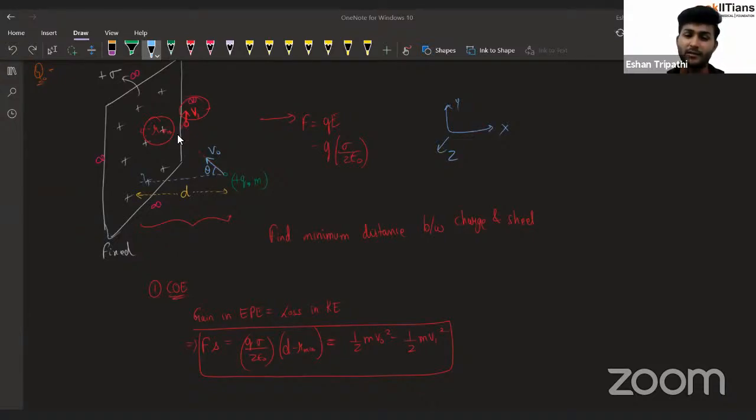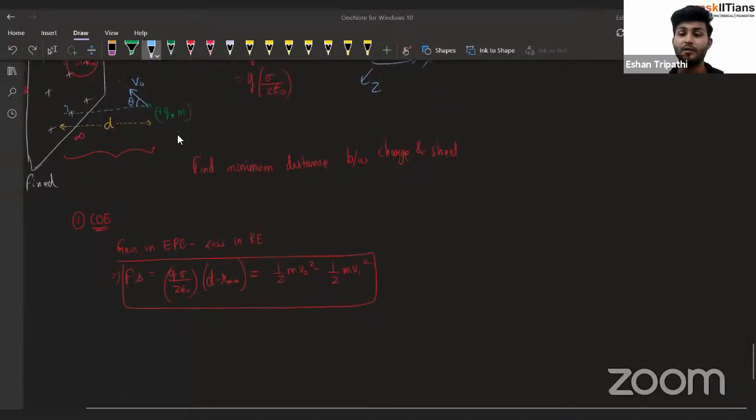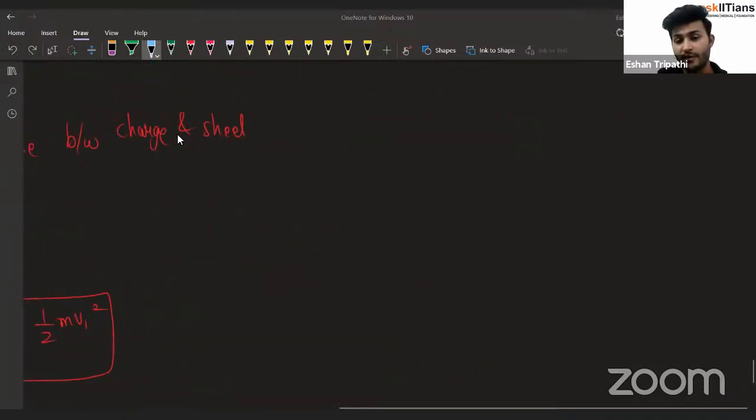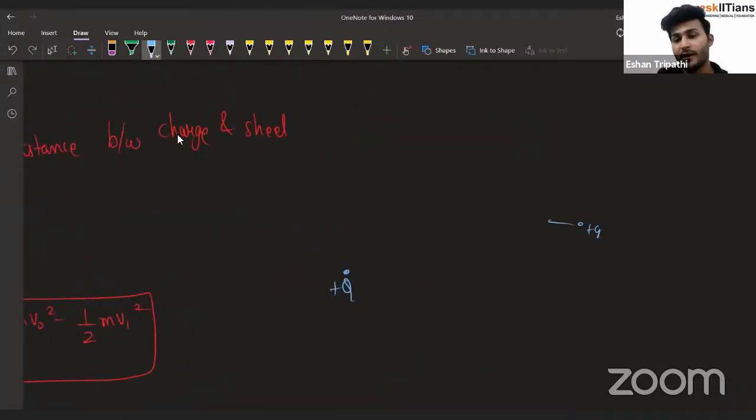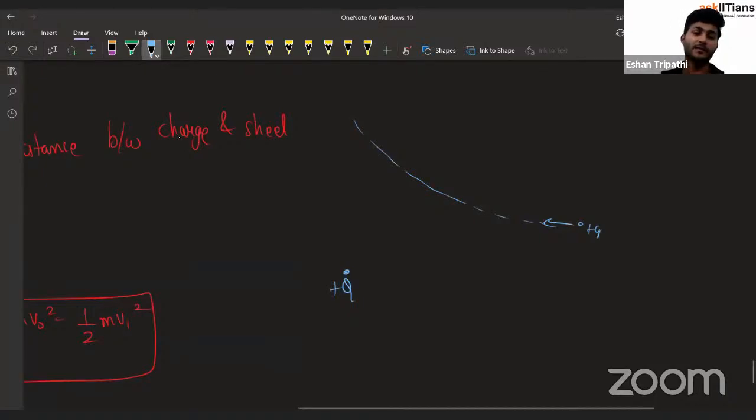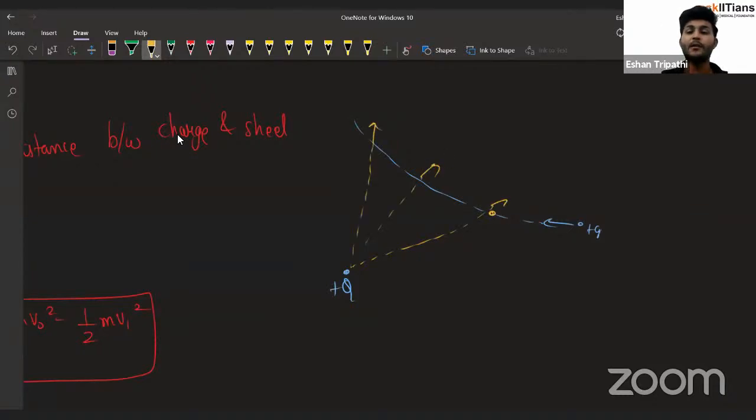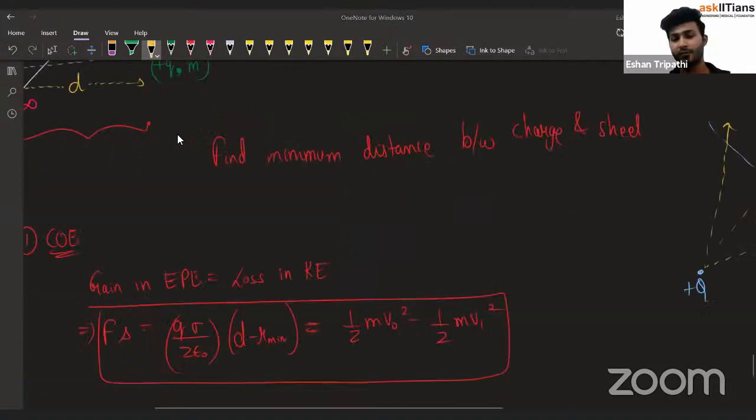About which point will you conserve it? I know which question you have in mind when you talk about conservation of angular momentum. You're talking about that question. Plus q, it was given a velocity, you are thinking it's going like this. Because there the advantage was, there was a single point which was producing force. So torque about this point was always zero. So that's not present over here.